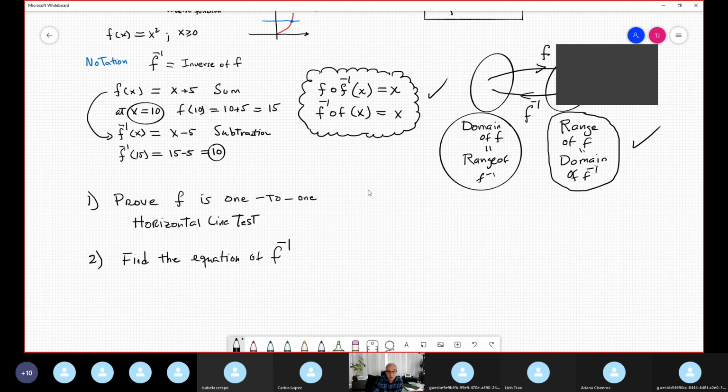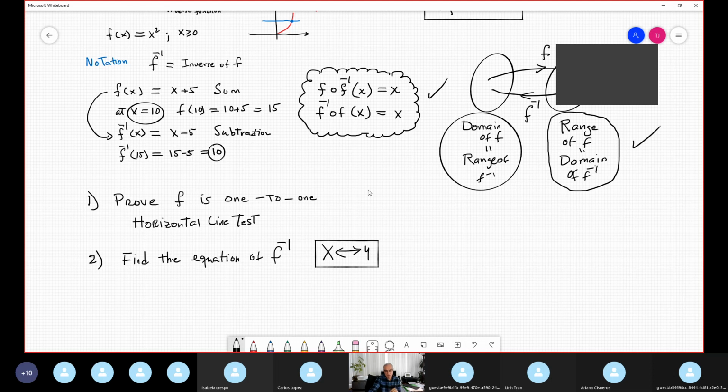What's the key idea? Well, the key idea for doing that part is to interchange X and Y. In the original equation, you permute X and Y. And when you do this action, automatically, the expression you have in front of you is the inverse.